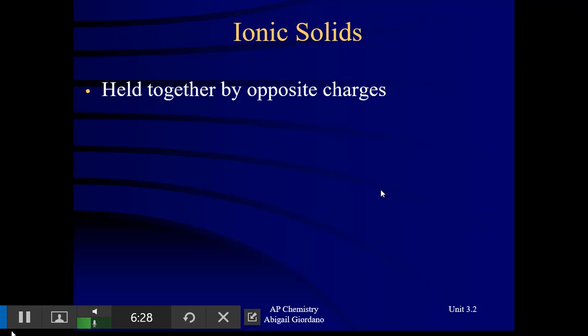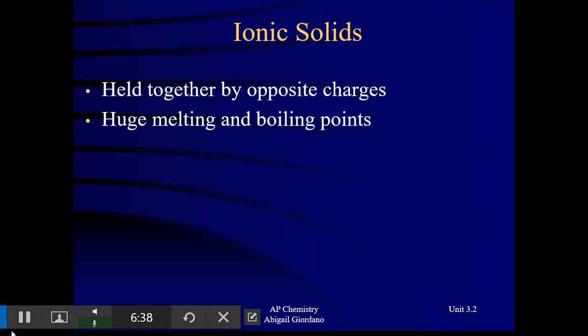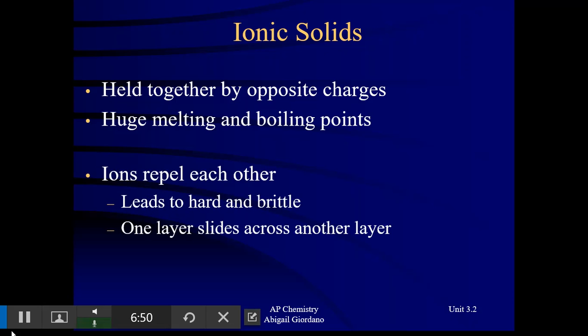Ionic solids obviously are held together by opposite charges. The fancy term is electrostatic attraction. They have very, very high melting and boiling points because ionic bonds are very strong, hard to break. The ions repel each other.